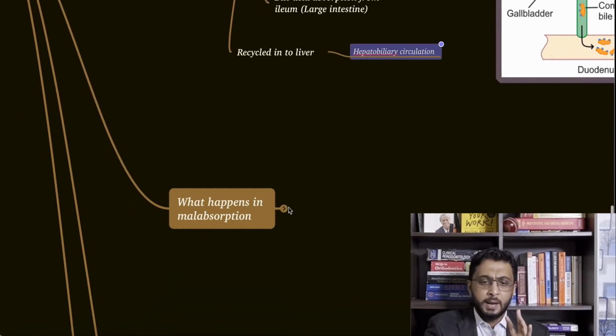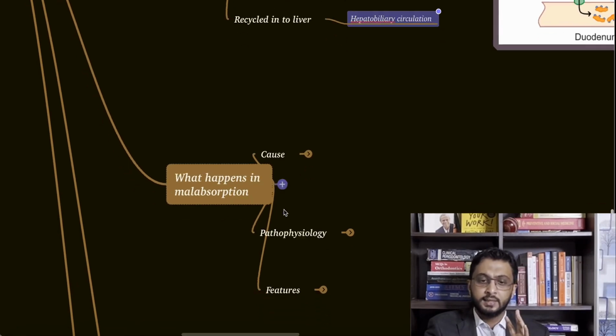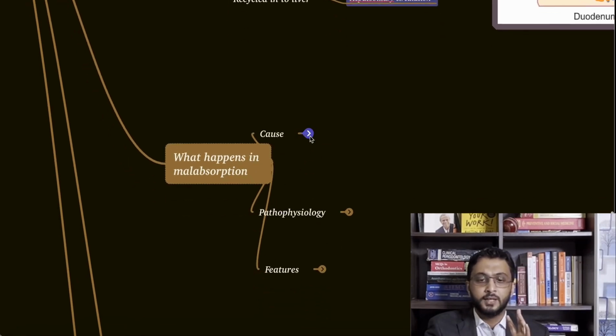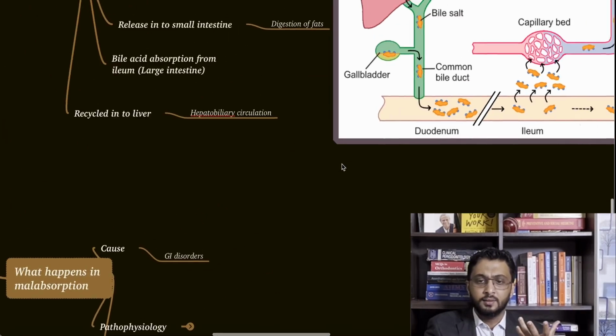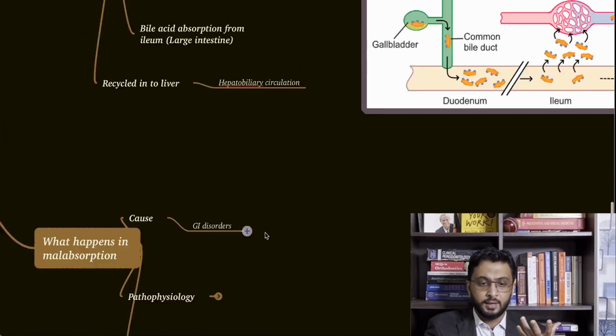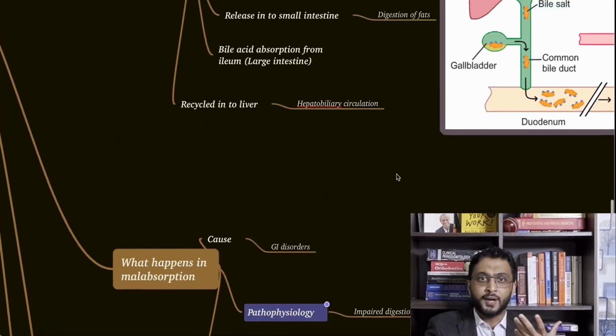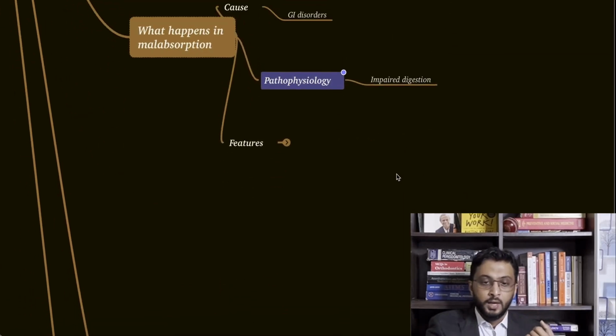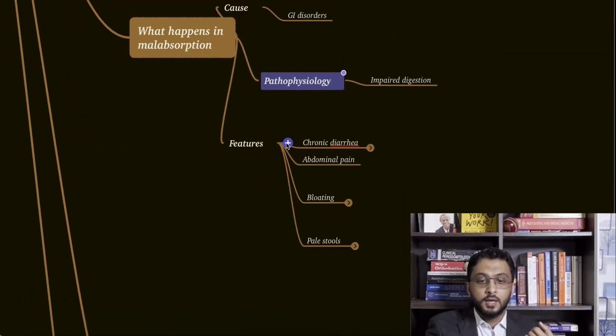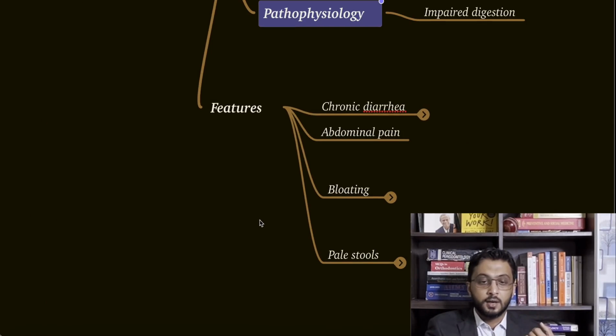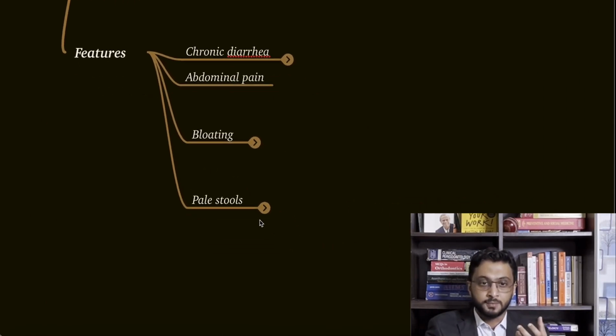Now, what happens in malabsorption? We studied that the cause is GIT disorders; malabsorption can happen anywhere. The pathophysiology behind this problem is impaired digestion, because bile is important in fat digestion. Now what features will you see?